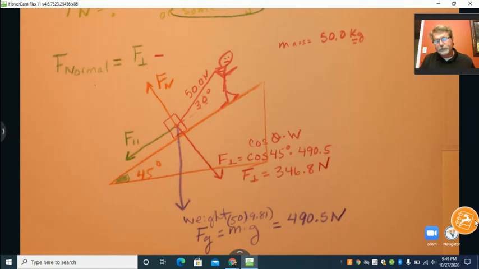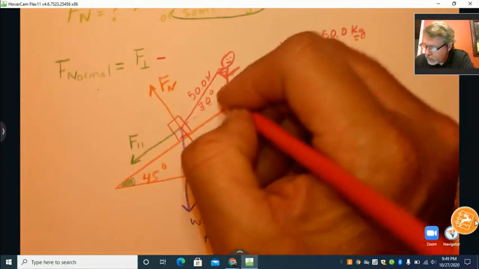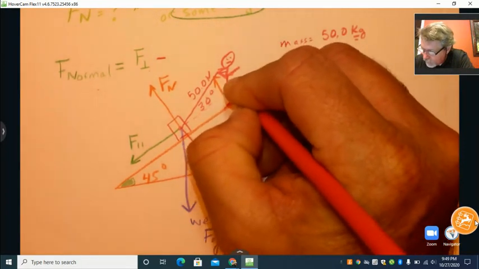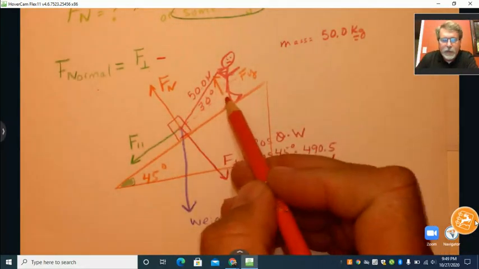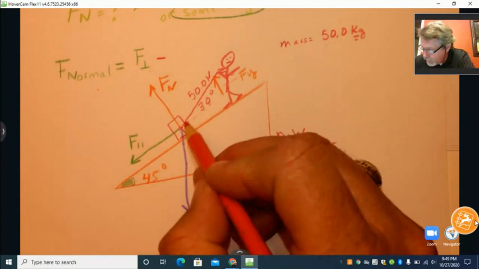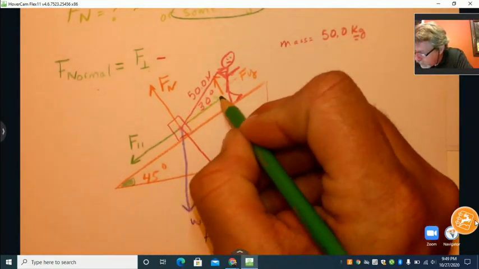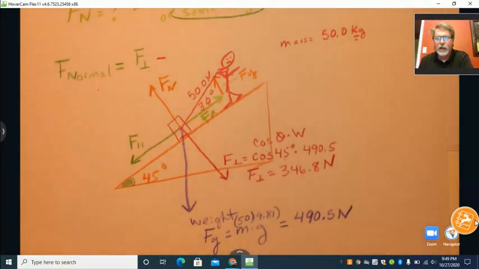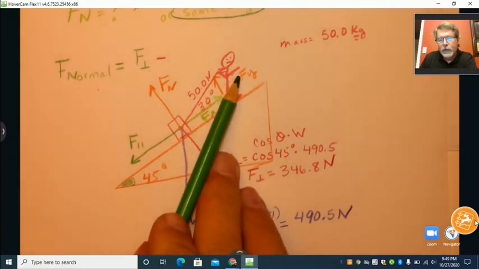Okay? So when you pull an object like this character here is doing, some of his force is in the Y direction. He's lifting it up. Some of that 50 pulls up, and some of that 50 pulls across. Some of that 50 is going right here. That we'll call force X and force Y. So some of the 50 lifts it off the ramp a little bit.